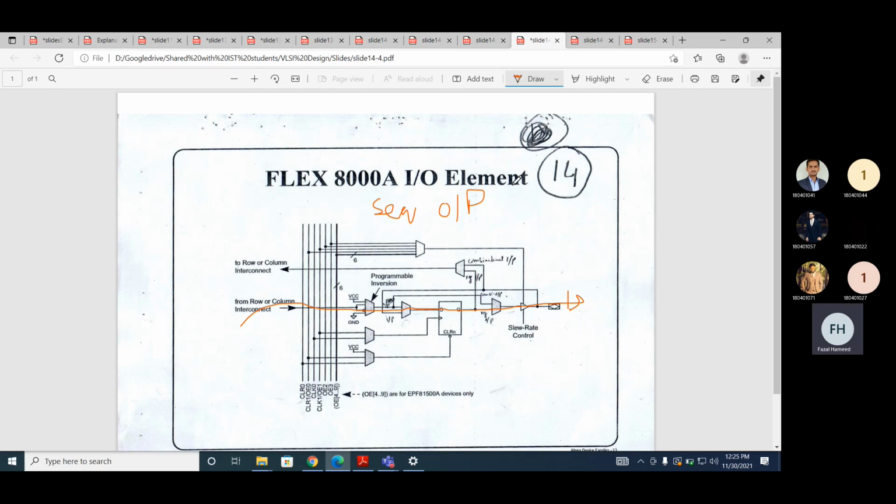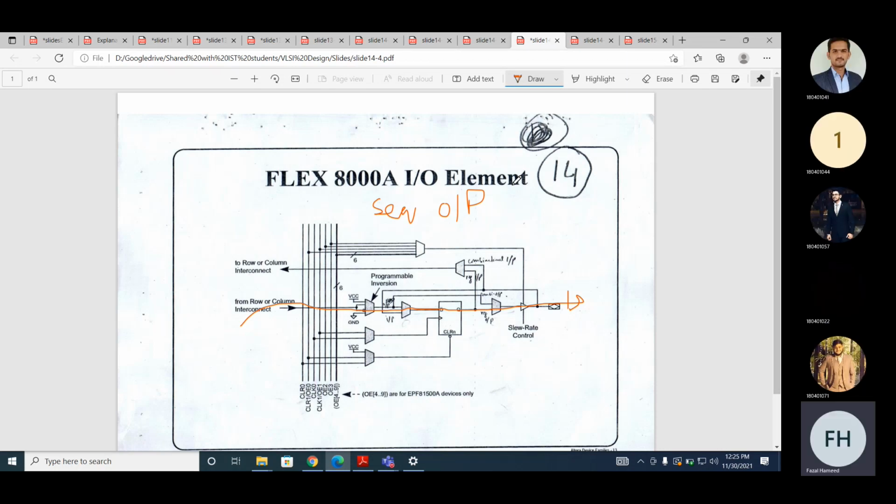So actually these IO elements can be implemented as a combination input or sequential input, or a combination output or a sequential output. There is also a slew rate control. You can set the slew rate control to be high or low. And the flip flop can be operated either at the rising edge of the clock or the falling edge of the clock, and this is controlled from these signals.